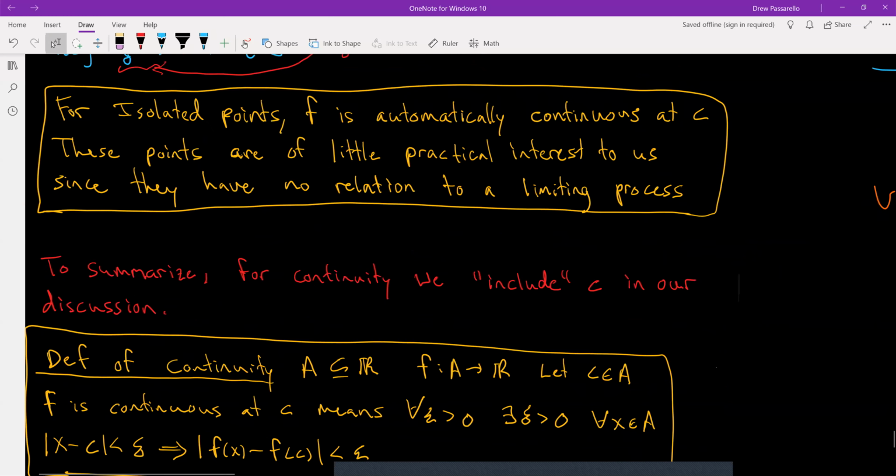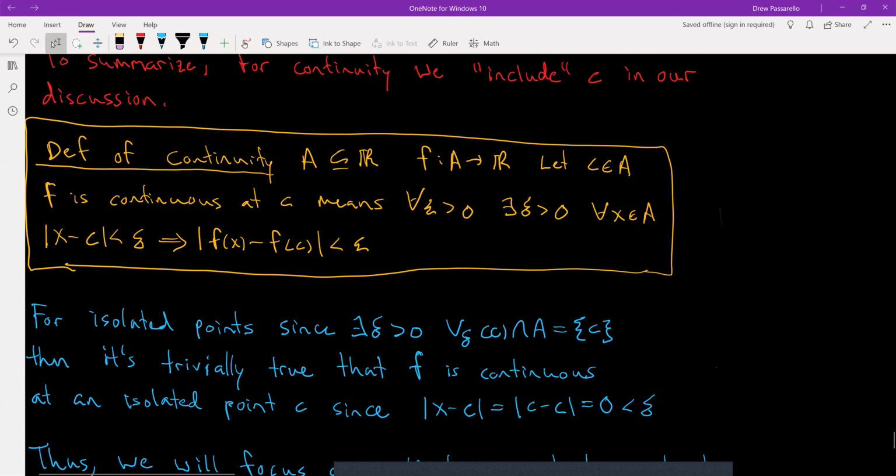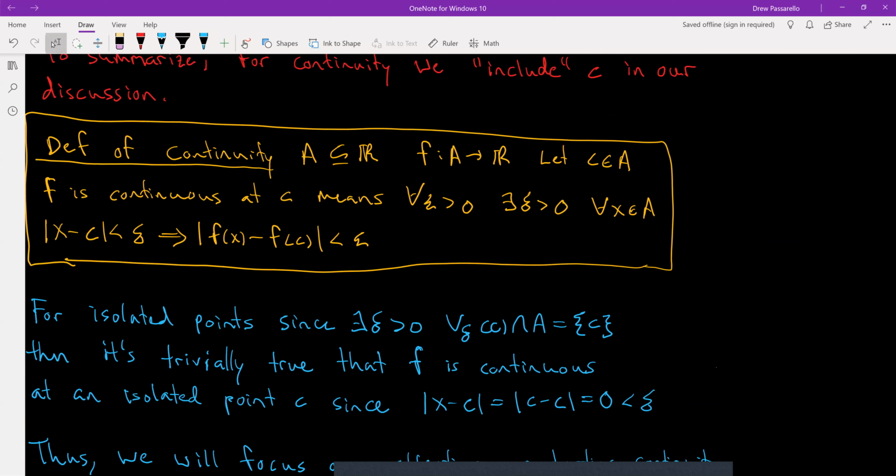So what it means to be continuous: you have a set A, where the function f goes from A to the reals, and you have any value C in A. f is continuous at this value C means that for all epsilon, there exists a delta, so that for all x in A, the absolute value of x minus C less than delta implies that the absolute value of f of x minus f of C is less than epsilon.